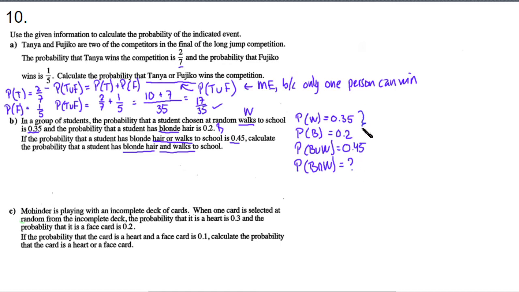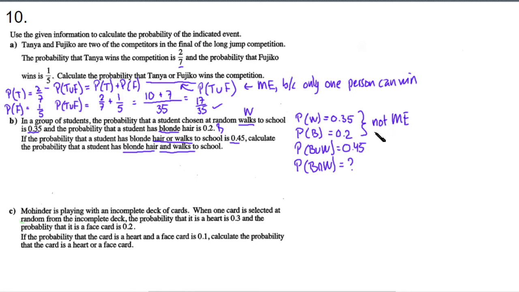So these two events here are not mutually exclusive for two reasons, really. First of all, you can certainly imagine a student being blonde-haired and walking to school. So both events are possible at the same time.